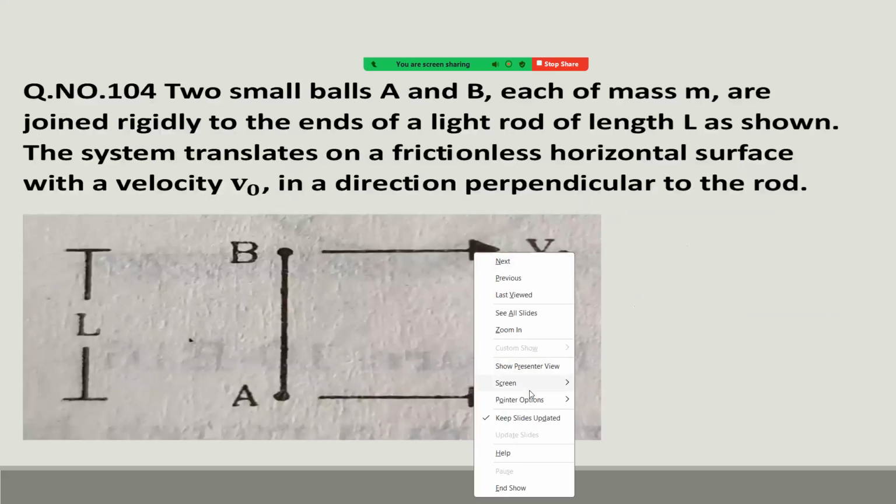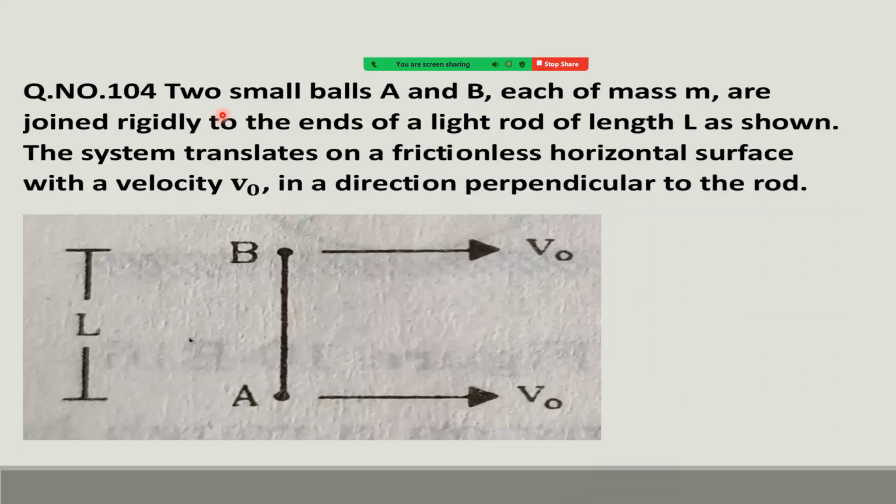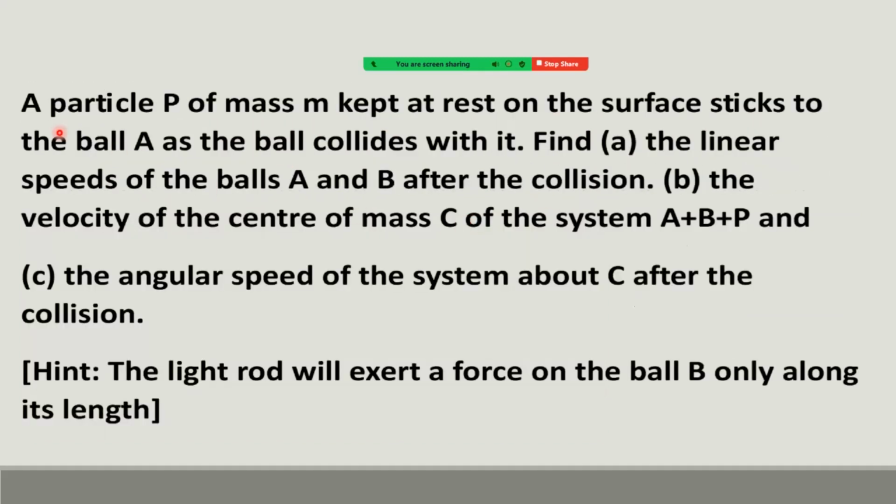See next one. Two small balls A and B, each of mass m, are joined rigidly to the ends of a light rod of length L as shown. The system translates on a frictionless horizontal surface with a velocity v0 in a direction perpendicular to the rod. A particle P of mass m kept at rest on the surface sticks to the ball A as the ball collides with it.